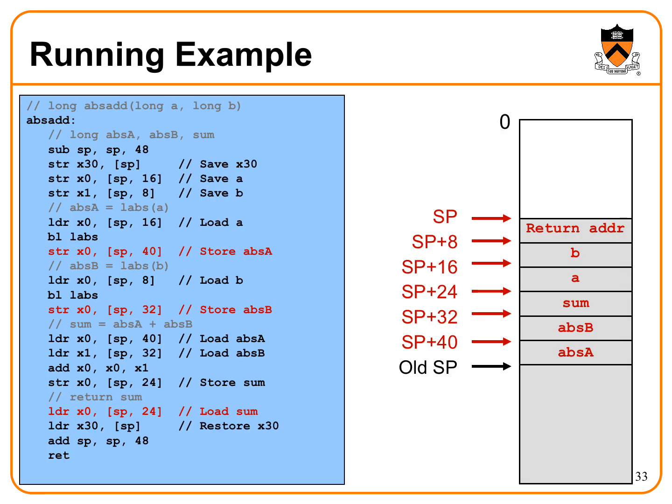So here's our running example, finally fully fleshed out. After each BL to abs, we're going to store away X0, the return value, into the appropriate local variable. And when we're set up to return from absat ourselves, we'll reload sum into X0 to be our return value.